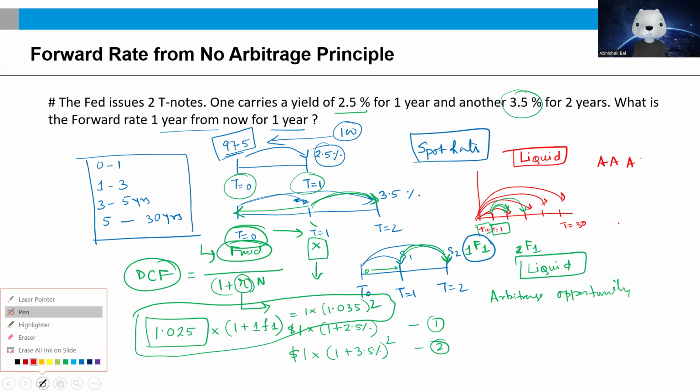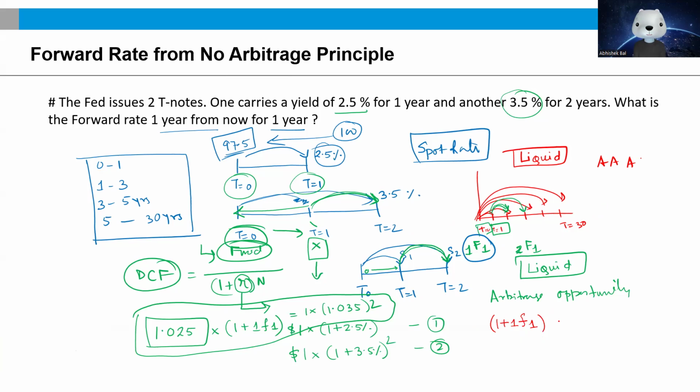So that would mean that the 1 year forward rate one year from now can be represented as 1.035 squared divided by 1.025. Okay.